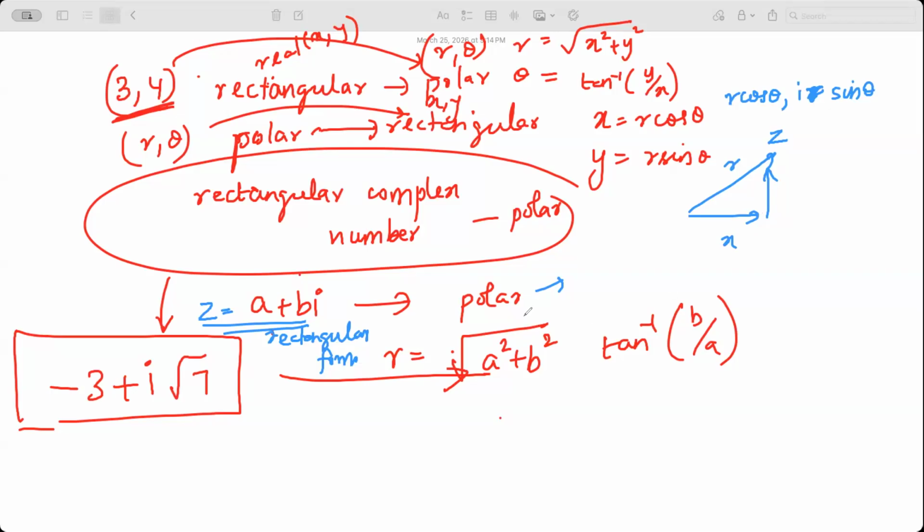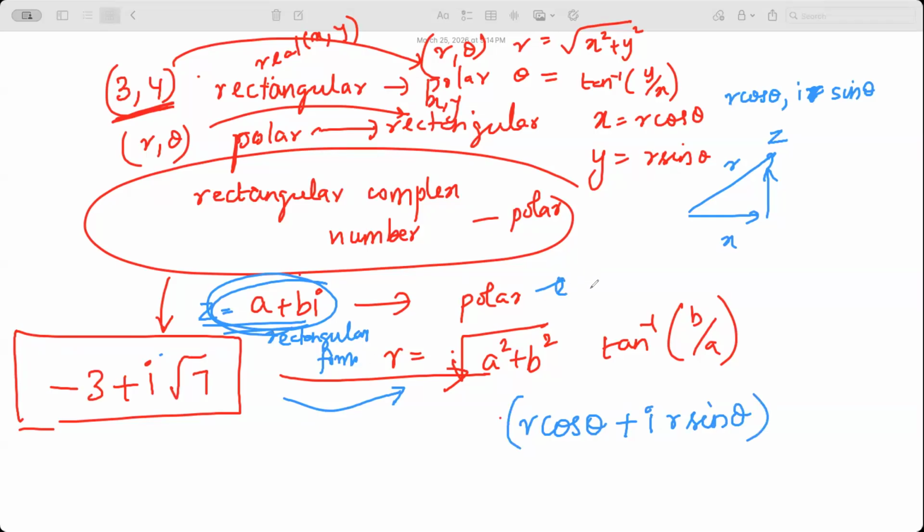Here, let's go ahead and write out, this is my rectangular complex number which I gave you, minus 3 plus I root 7. From here, you need to find out r and theta, but that's not enough. R comma theta is not how we represent a complex number. So we will go ahead and find out r cos theta plus I r sin theta. This is how we are going to represent a polar complex number.